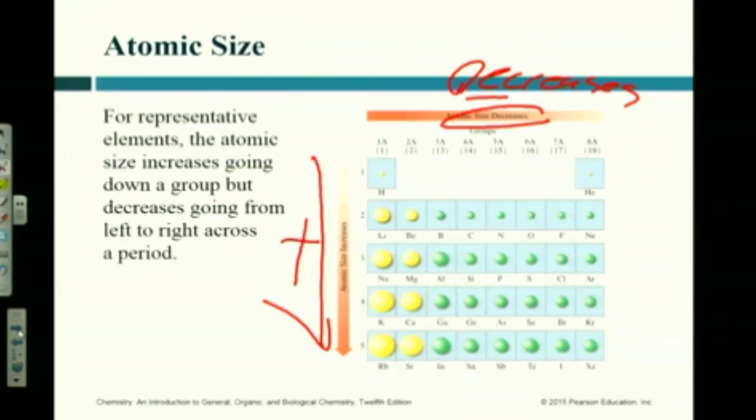Same energy level, but more protons pulling on that energy level to bring it in closer. It gets smaller as you go to the right. So if you look up here, we have lithium versus fluorine, or even down here, rubidium versus xenon or something. The general trend is you get smaller going to the right and bigger going down. Okay?